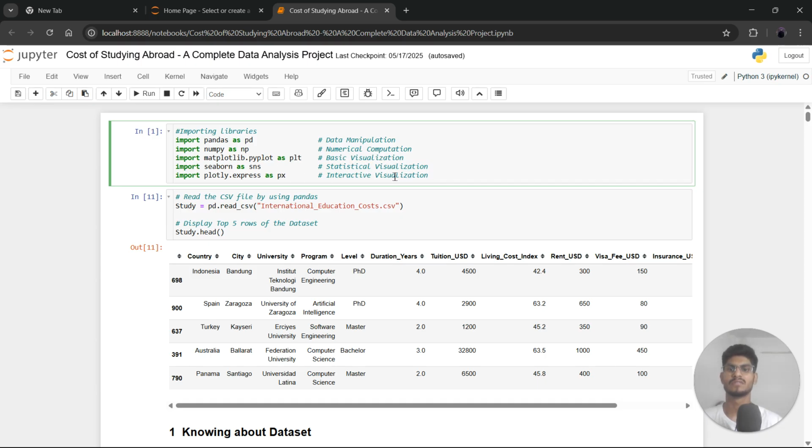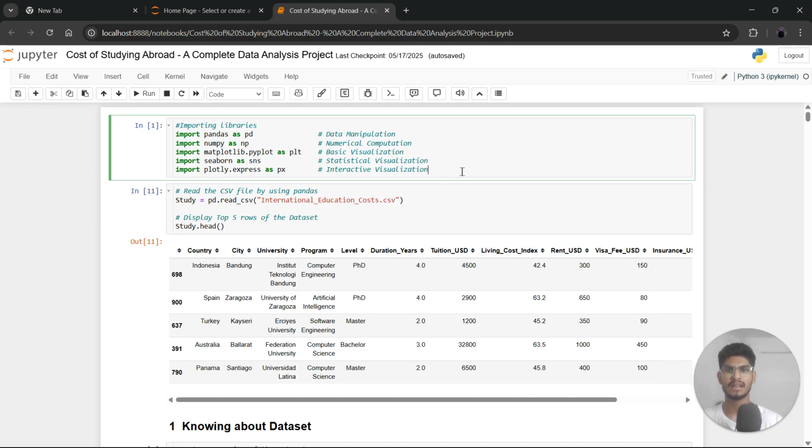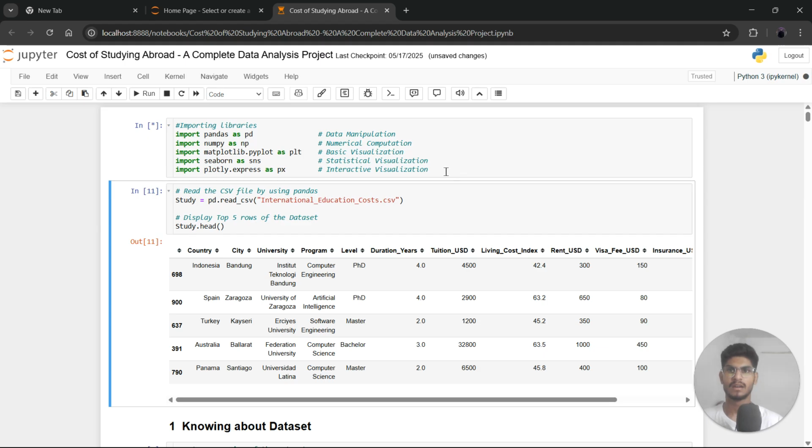Seaborn is again used for visualization, and plotly.express is also used for visualization. We will be using all of these libraries to create our data analysis project. We will run this cell either by selecting it and clicking run, or by pressing Shift plus Enter.